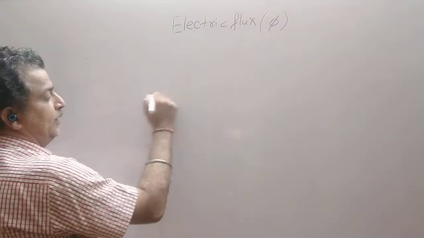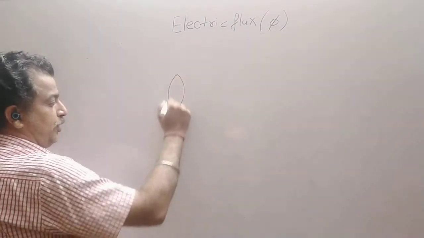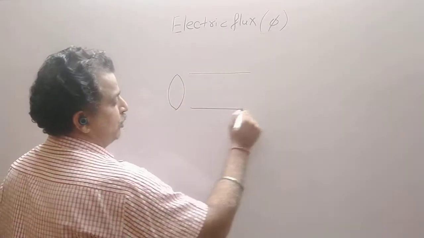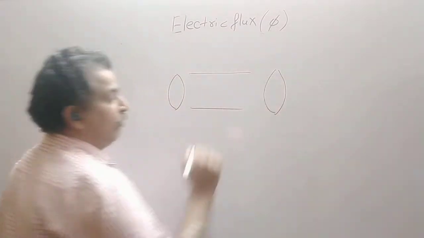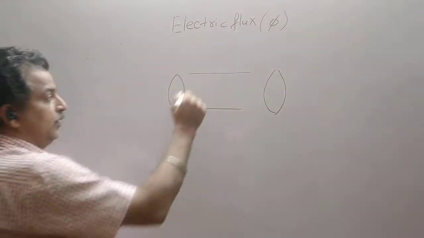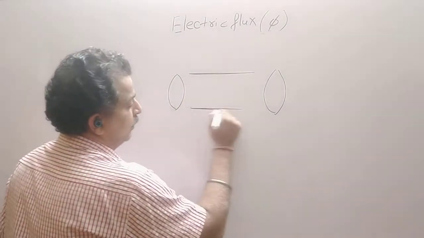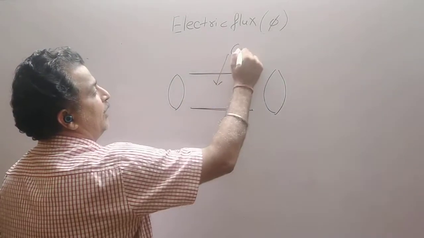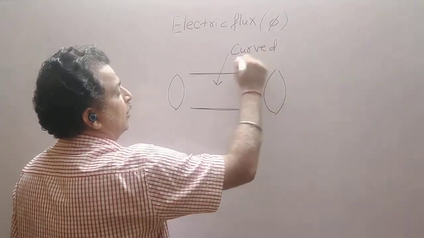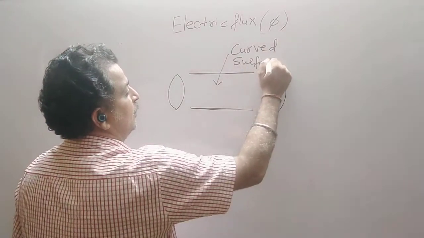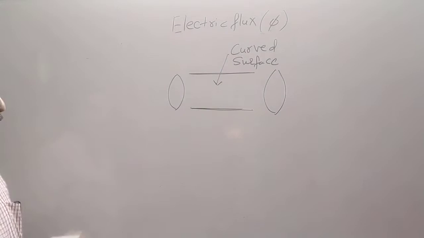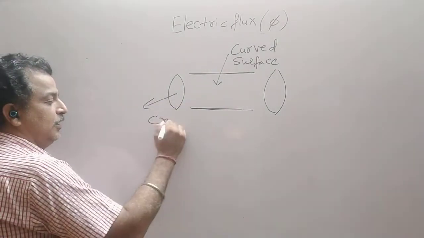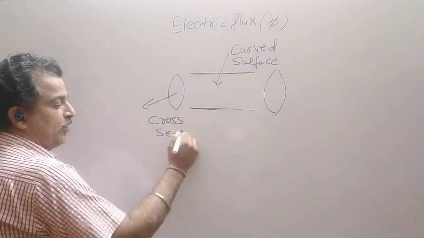Now let us see the cylinder portion. Now this cylinder is made up of three parts. This portion is generally referred to as the curved surface of a cylinder, and we know that this is a cross section.